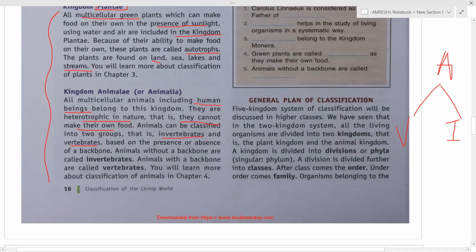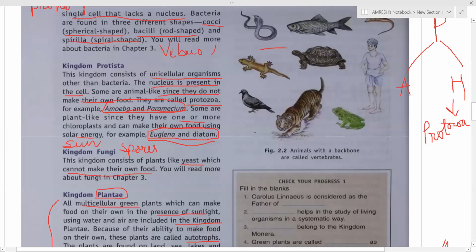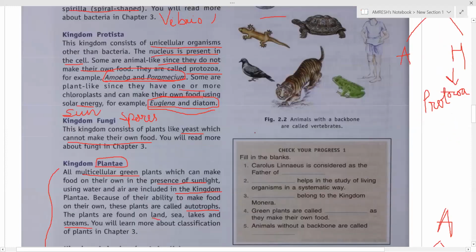See, when you go from your neck to bottom, you feel a bone-like structure. That is your backbone. In some animals, backbone is present. In some animals, backbone is not present. So on the basis of the presence of backbone, we classify animals into two groups: vertebrates and invertebrates. Animals with a backbone are called vertebrates, and animals without a backbone are called invertebrates. We will study vertebrates and invertebrates in detail.